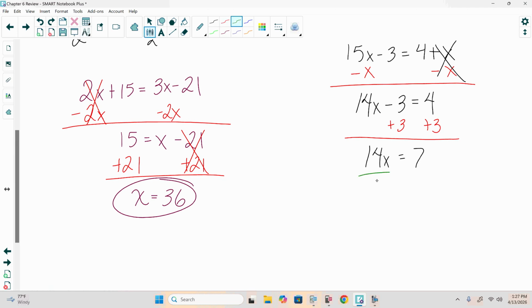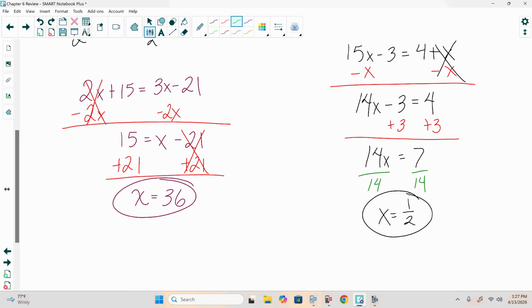Last but not least, we would divide both sides by 14, telling us x is equal to 1/2. Questions on this here?